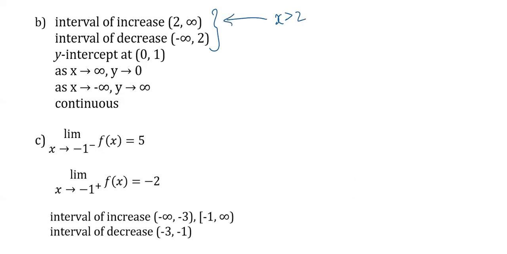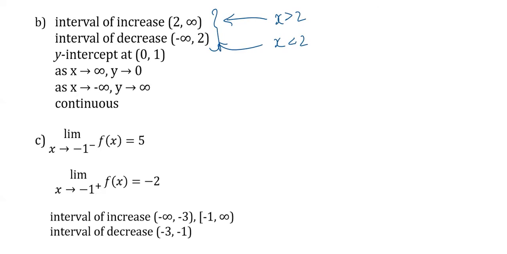The round bracket means you're not including the point. From negative infinity to positive 2 means x less than 2. That's what that notation means. It's not an ordered pair. It's called interval notation. We use it when we're talking about intervals of things. We're going to do a lot of that, so you're going to start getting more used to using this.